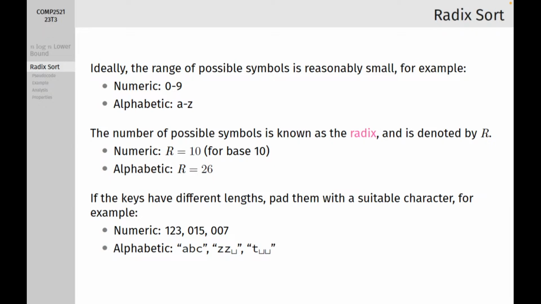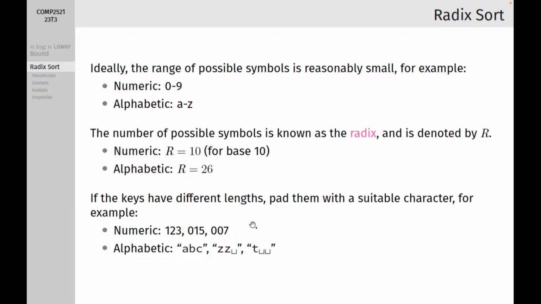All right, and radix sort also requires keys to have the same length. So if you have keys of different length, for example, 123, that's 3 digits, and you have 15, which is 2 digits, then you would pad the 15 with a leading 0. So 15 would be represented by 0, 1, 5. The number 7 would be padded so that it's 0, 0, 7.